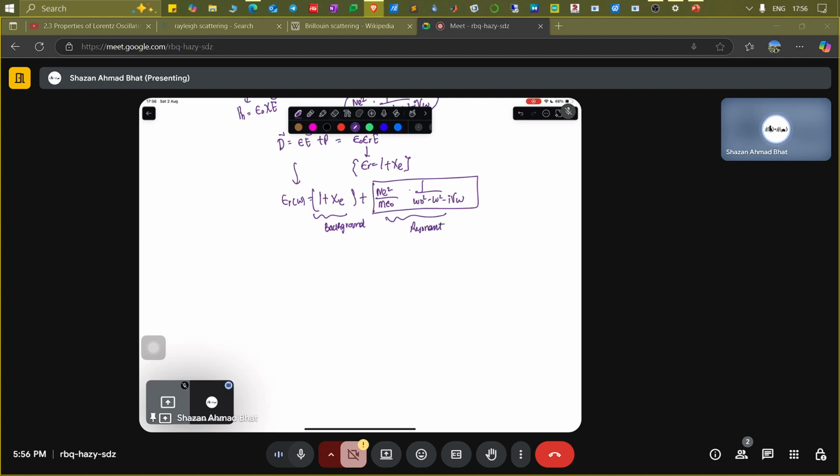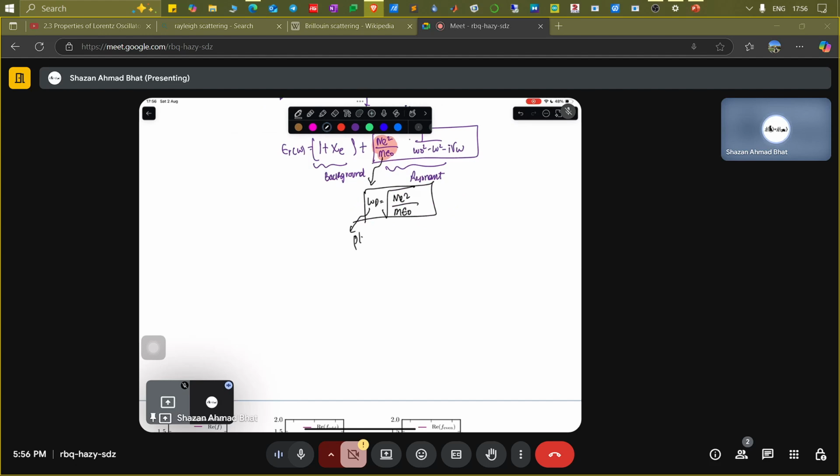And here you have something special, this particular term, which is called omega p, which is N e square over m epsilon naught. This is called the plasma frequency. It is the frequency at which the electron plasma oscillates in a metallic system where you consider free electrons.